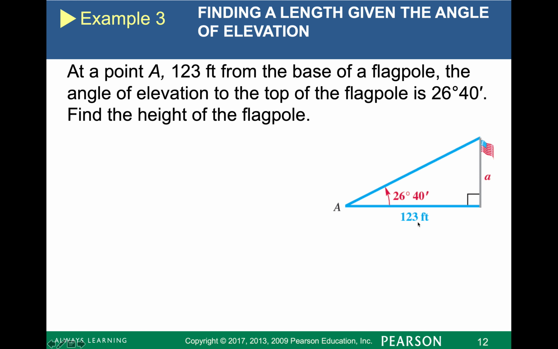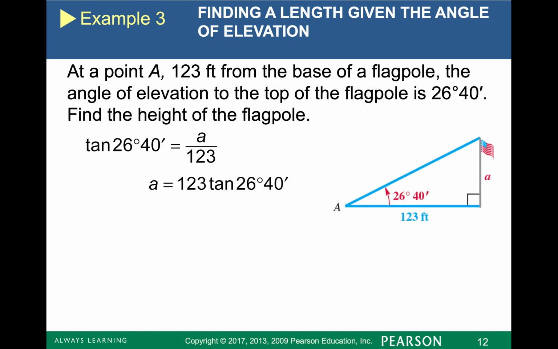This is my adjacent that I know. So I'm going to use tangent. Tangent of that angle is my opposite over my adjacent, and I'm going to multiply both sides by 123. How did I know to round to 0.8? Well, because I have 1, 2, 3 significant digits.